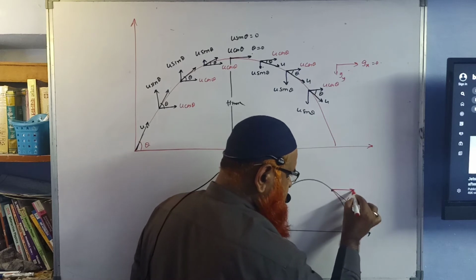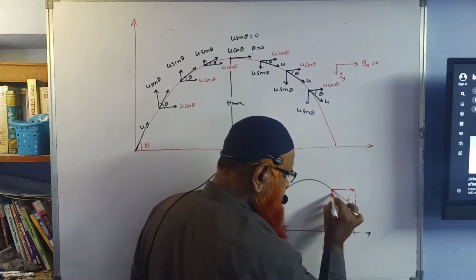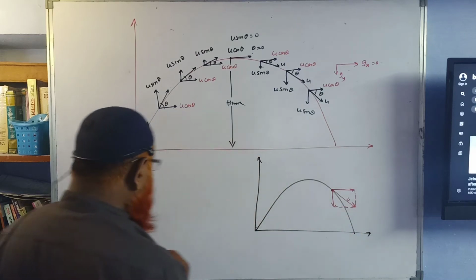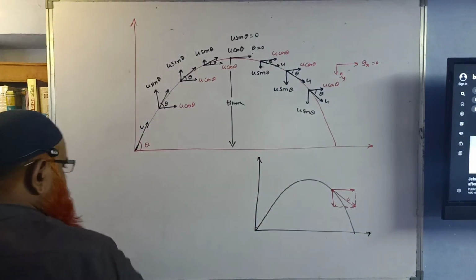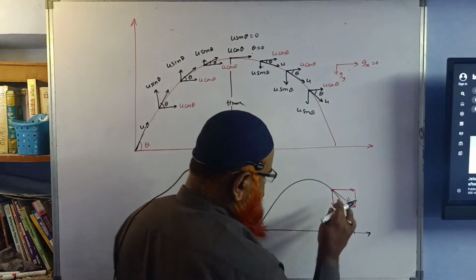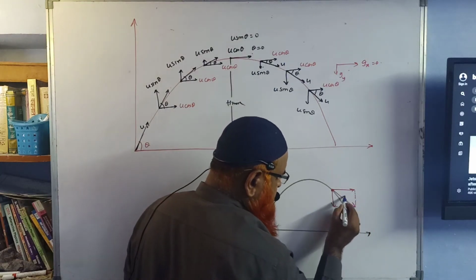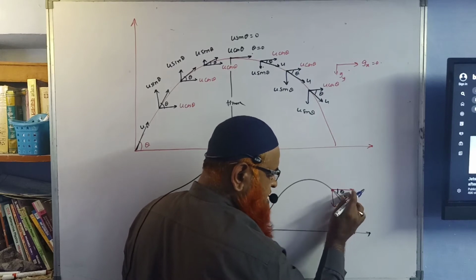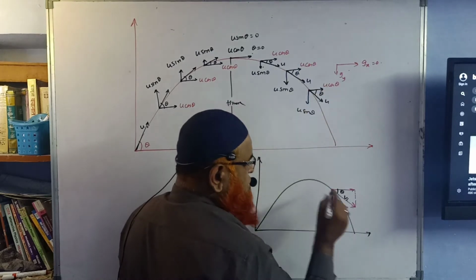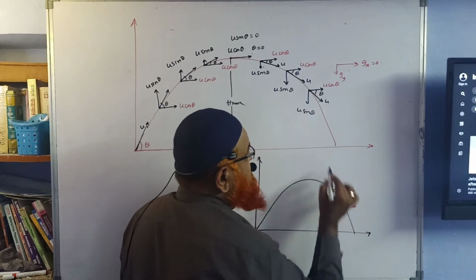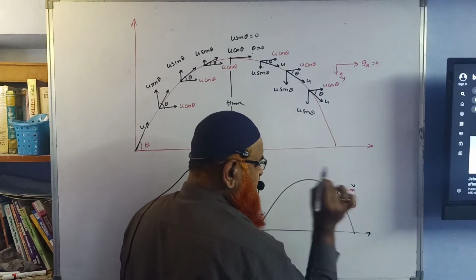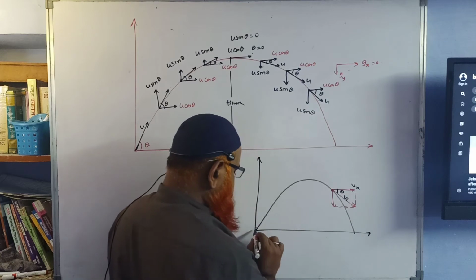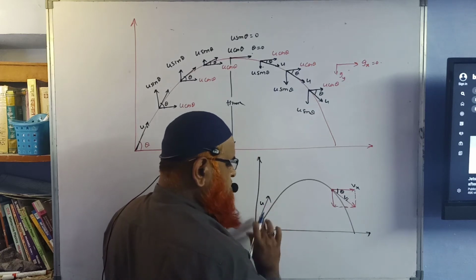Let us consider this is the horizontal component and this is the vertical component. How are you going to find out the instantaneous velocity at this place? Let us imagine this is the instantaneous velocity v, making angle theta with the horizontal. Just now I told you, in the horizontal direction, Vx is the final velocity.